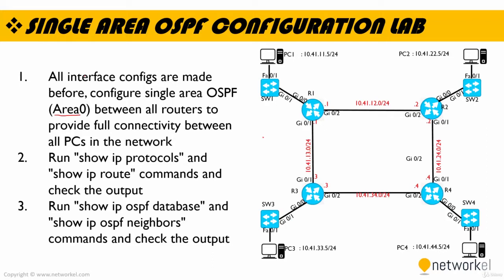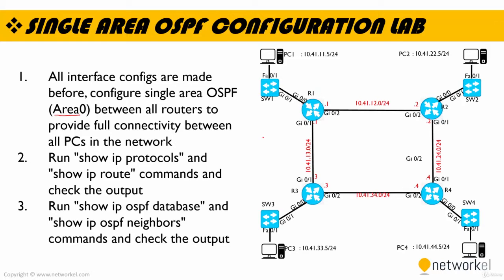As you can see, let's talk about the topology first. Router 1 is connected to 2 and 3 and to the LAN of 10.41.11.0 segment. What I'm gonna do is configure routers for OSPF routing.